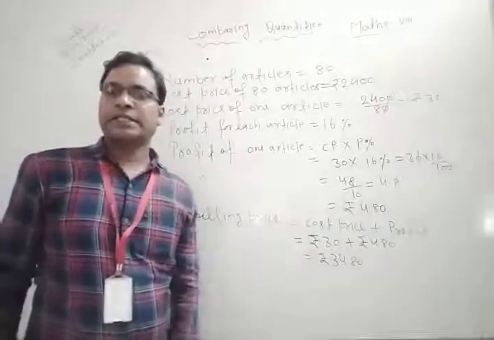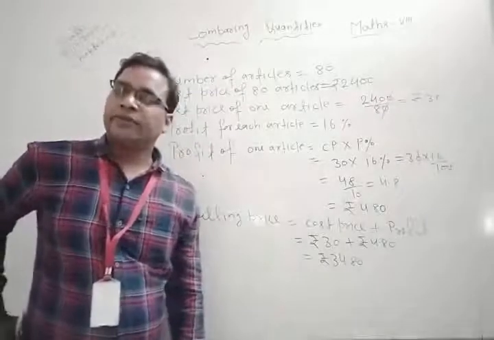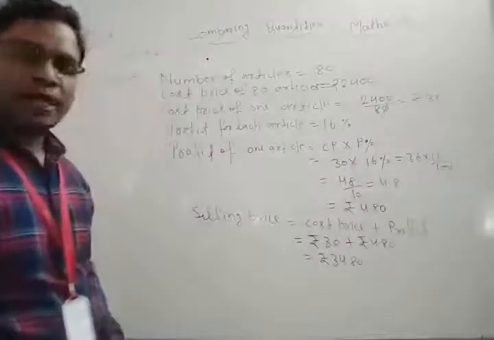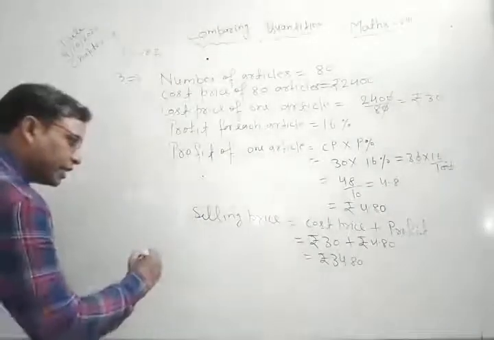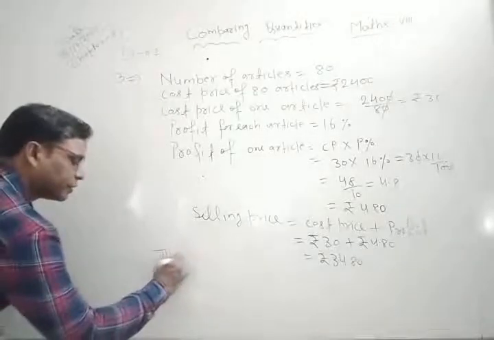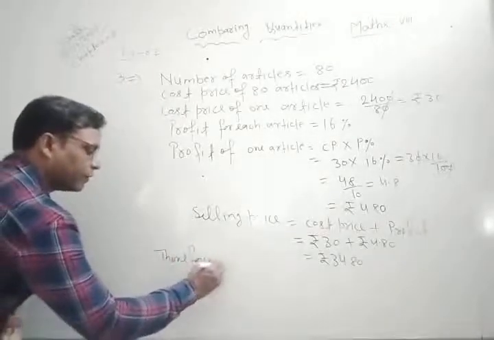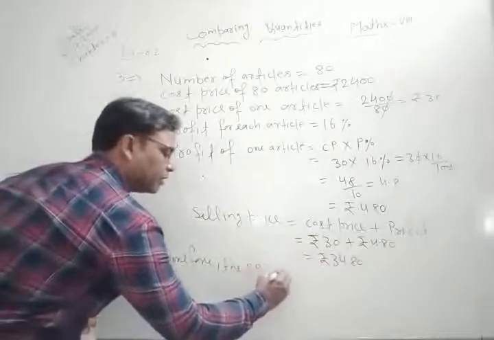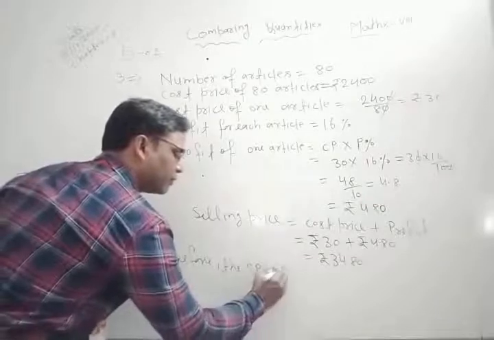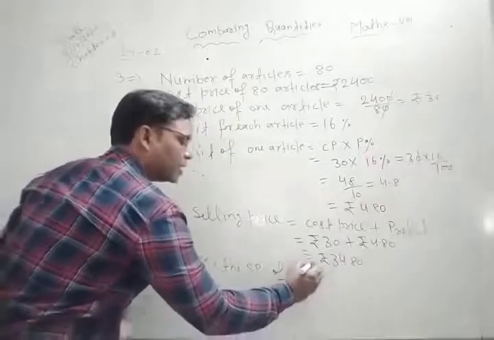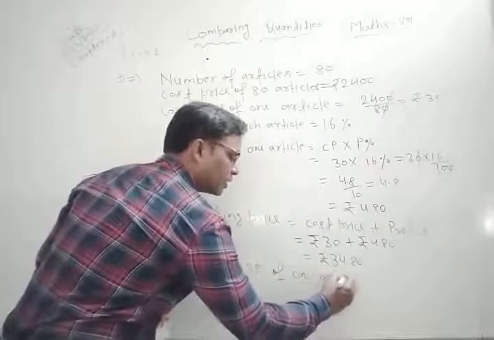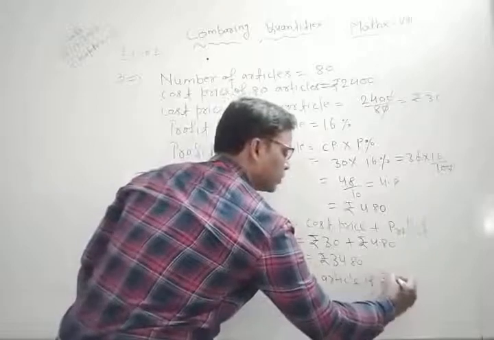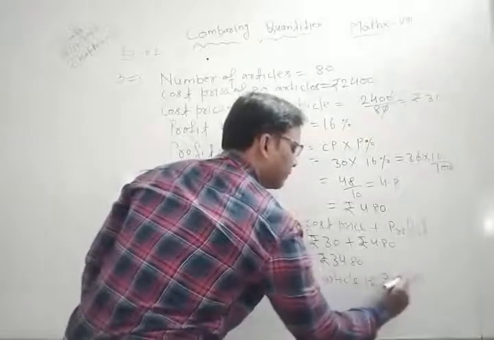So at last you can write, hence therefore the selling price of the article is 34.8 rupees. Okay, so at last you can write here, therefore the selling price SP of one article is rupees 34.8.